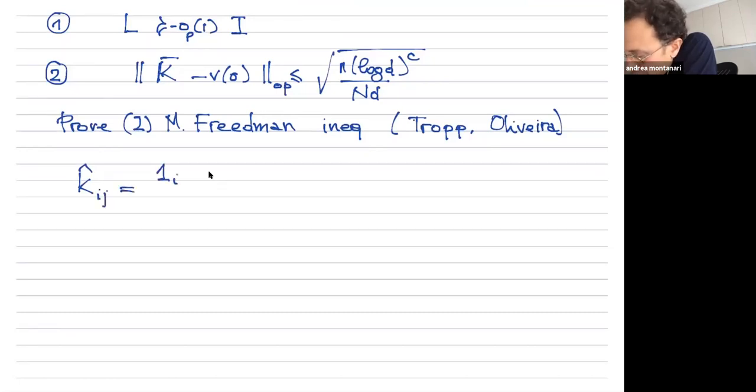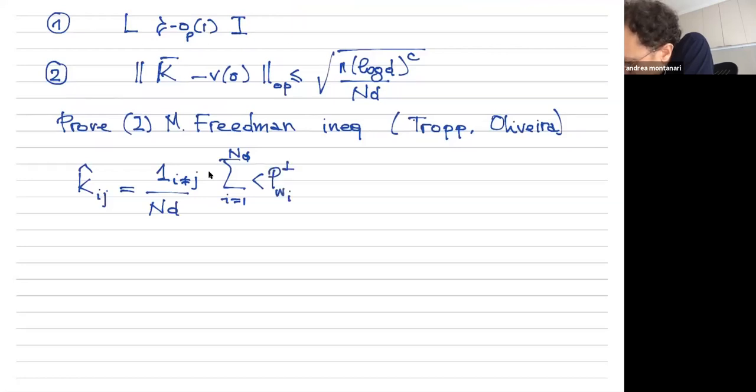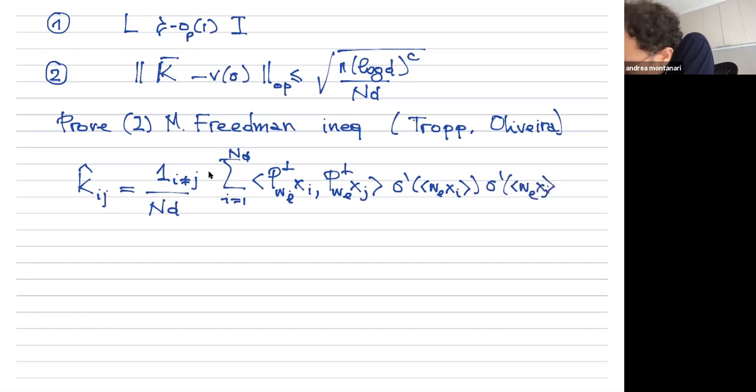Let me look at just the off-diagonal terms, and now it should be clear why I impose this constraint, this projector: P orthogonal W_L x_i, P orthogonal W_L x_j, times sigma prime of W_L x_i times sigma prime of W_L x_j.